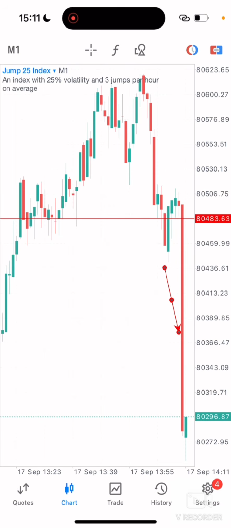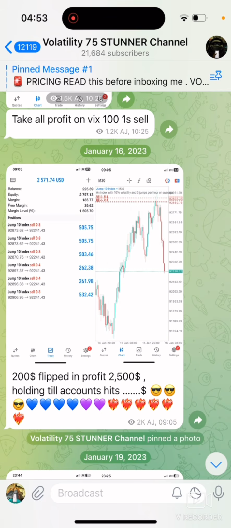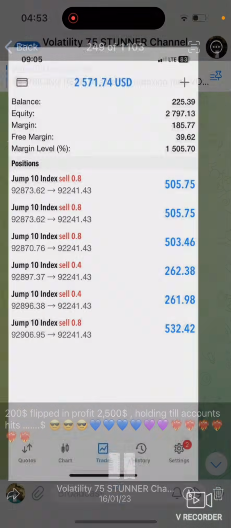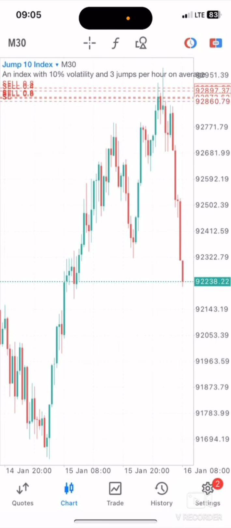Now with this Jump 25 here, as at January last year, I flipped a $50 account to about $12,000 on Jump 10. This was the day I executed the trade. The trade was still running here. You can see my entry.